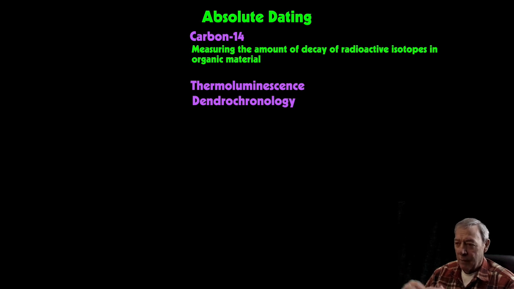So by using scientific instrumentation today and calculations, archaeologists and scientists are able to figure out how long ago something organic lived by measuring the amount of decay in their radioactive isotopes. Now, I'm not going to go into an explanation of how that works because I only partially understand it myself, but you can look it up on the internet if you're interested.